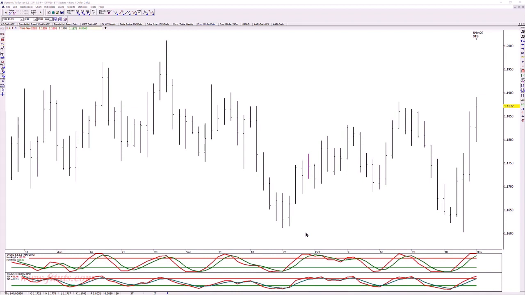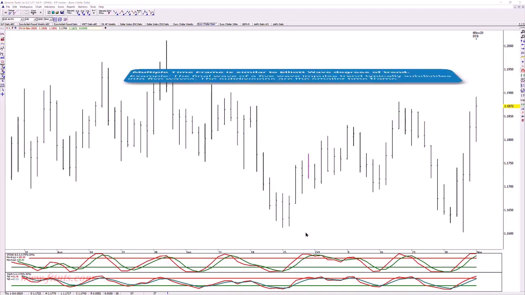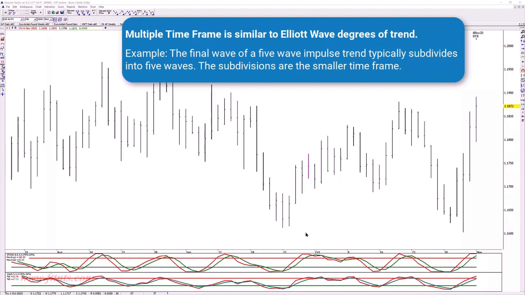Multiple time frame also relates to different degrees of trend, larger degree, smaller degree. For instance, within Elliott wave, let's use an example. If an impulsive trend is being made, and it looks like it's nicely breaking down into 5 sections or 5 waves, typically, if it's in the 5th wave, that's the final section of that 5-wave impulse trend.